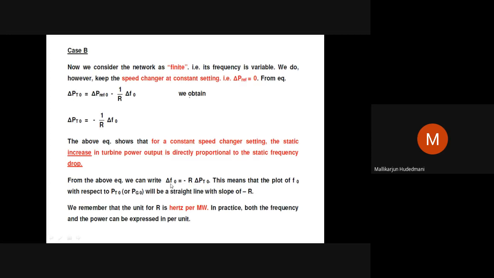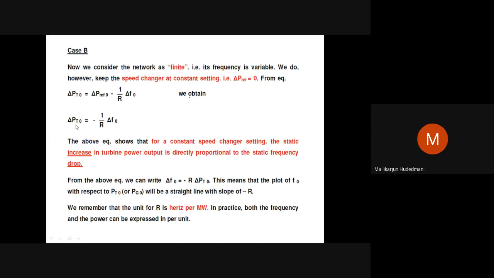So the deviation you need to calculate. This means the plot of frequency with respect to power is a straight line with a slope of R, the droop characteristics. When connected to a finite network, it is natural that there is a fall in RPM or fall in frequency.